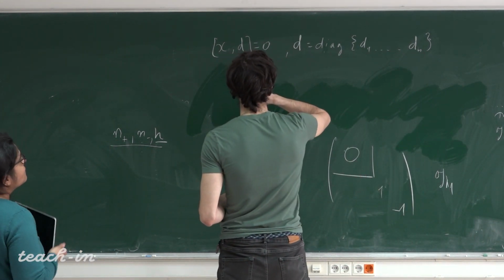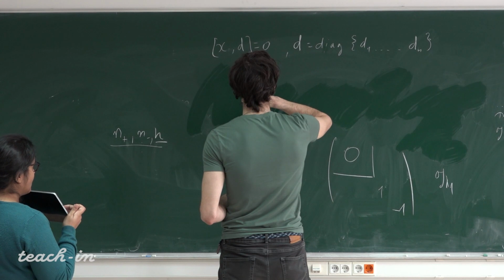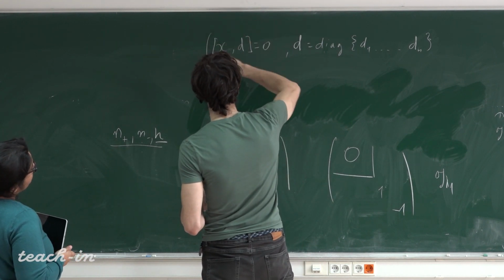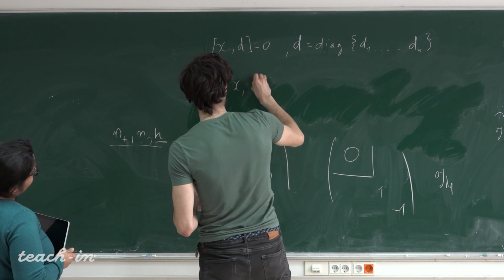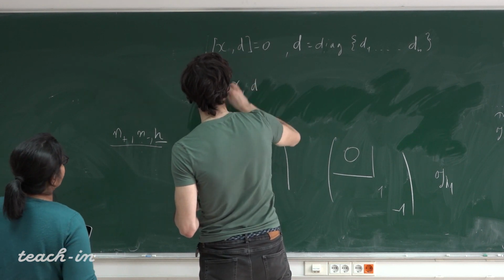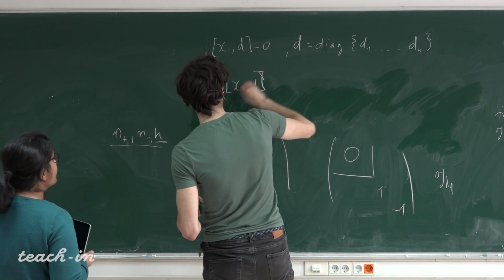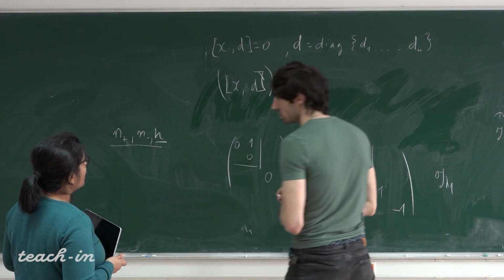So if we are computing the commutator of x and d, and its ijth entry.